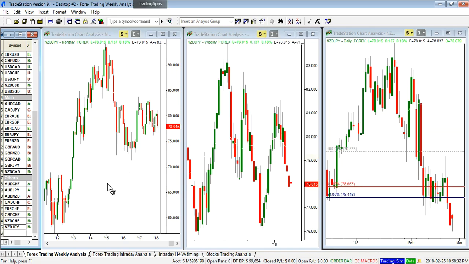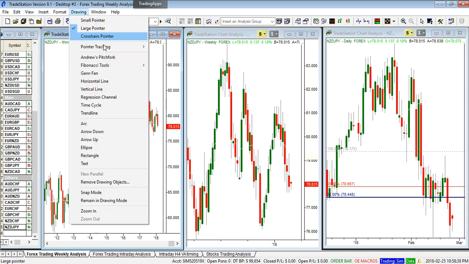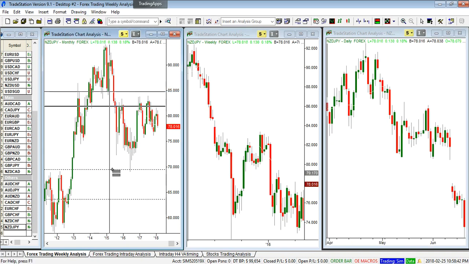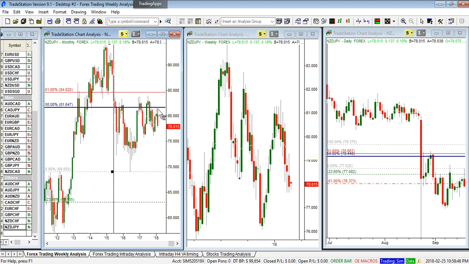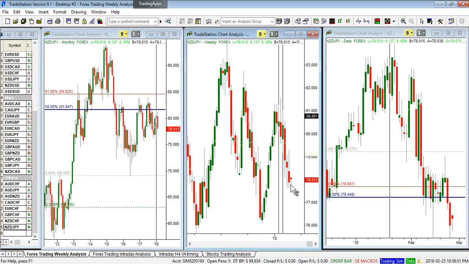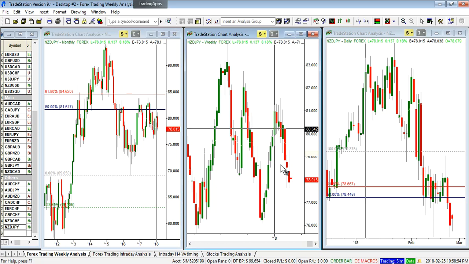But as you can see here, 68.19, we have to keep an eye always on this 50%. It's actually in play. New Zealand dollar Japanese yen, on the other hand, is continuing lower here. On the monthly, we have highs to lows that has held and has been retested recently last month in January, 81.64. That's what's pushing this price lower.